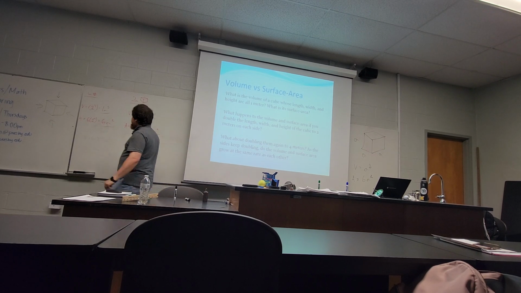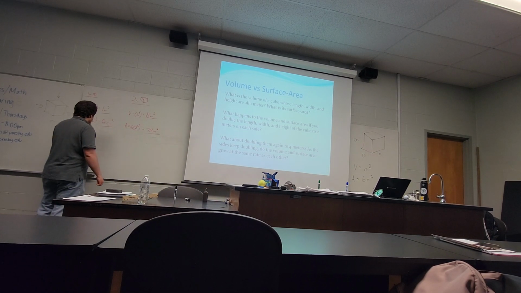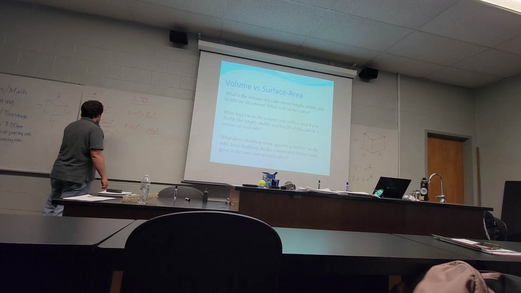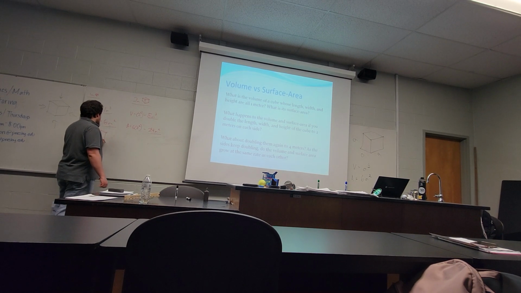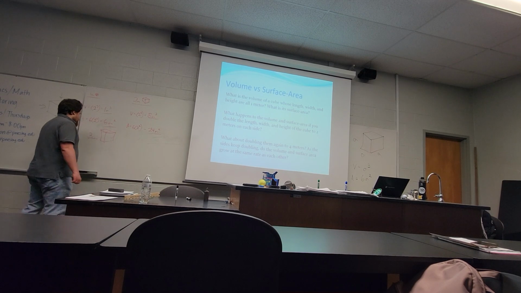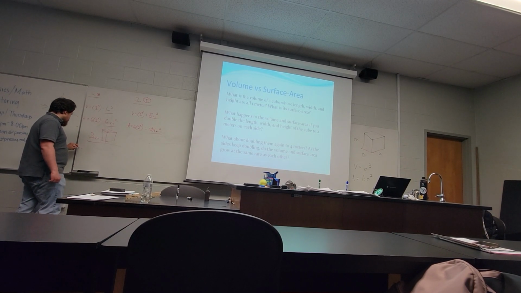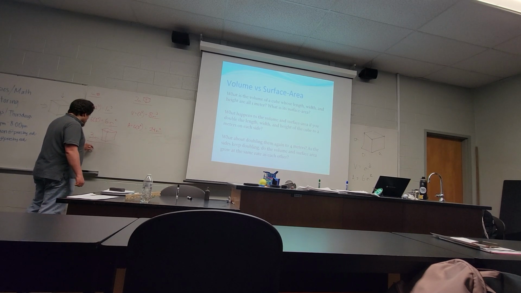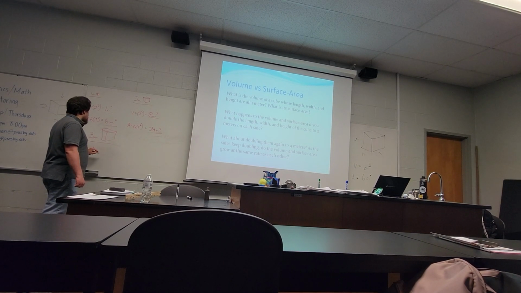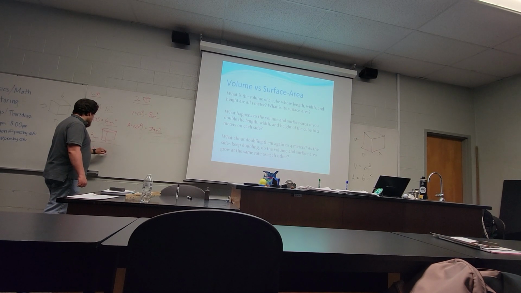And this trend only continues if we instead have a 3 meter cube. My drawing senses are deteriorating apparently. If it was 3 meters on all sides, volume is 3 cubed. 9 times 3 is 27.